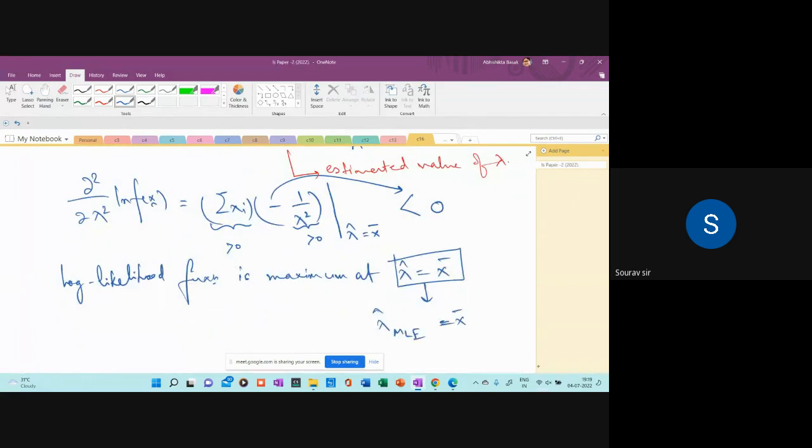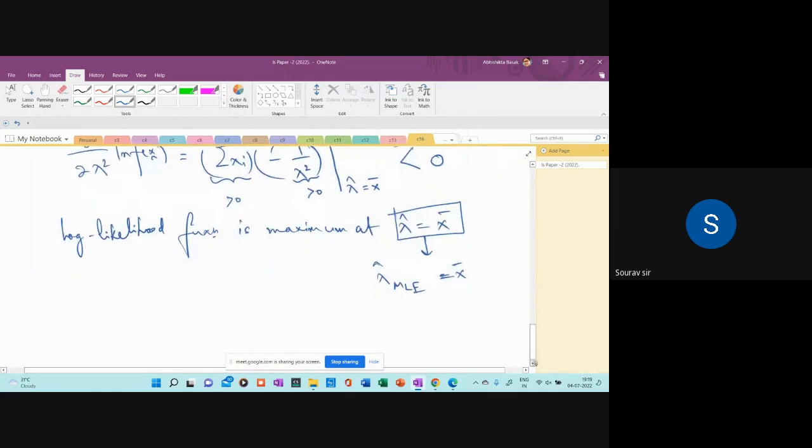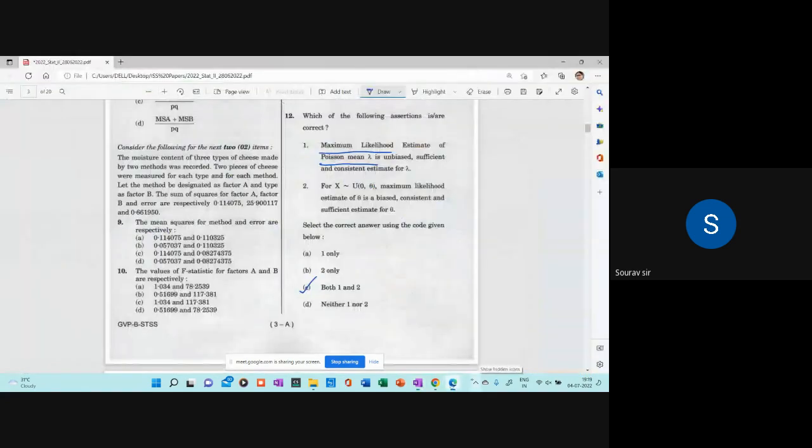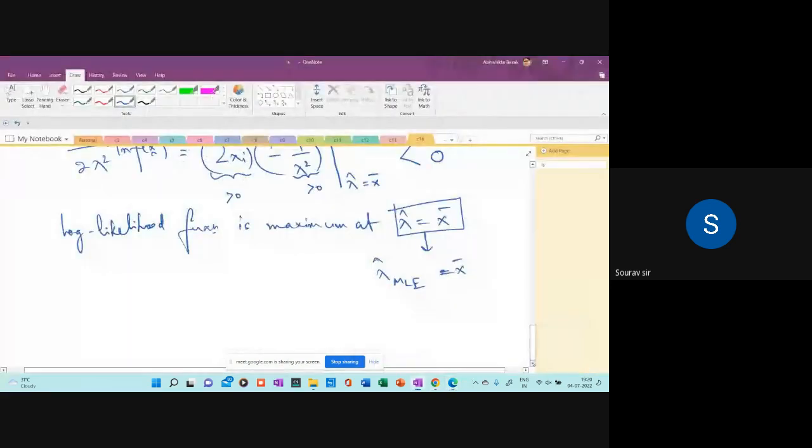Now, this is the first procedure we have done, the maximum likelihood estimate of Poisson with mean lambda. Having obtained it, we need to check whether it is unbiased or not, sufficient or not, and consistent or not. So let's check whether it is unbiased.